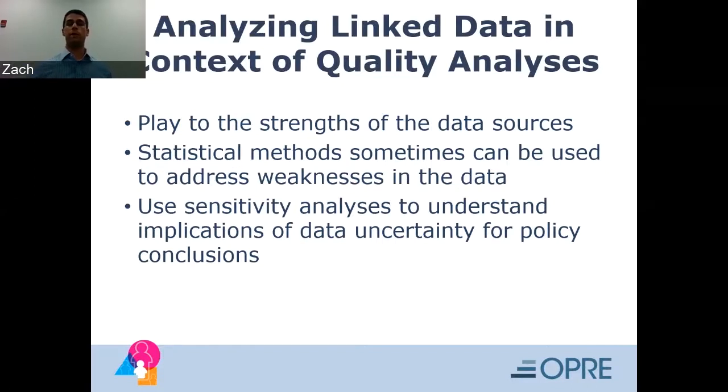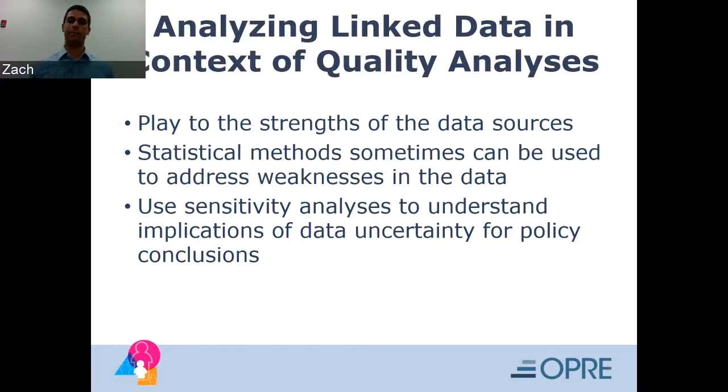Recognize, though, that those statistical methods rely on assumptions, sometimes strong assumptions. If we take the example of missing data, the assumption is that the relationship of the missing data with the variables you're interested in is the same as for the data you observed. And so that's why I think sensitivity analyses can be really important.